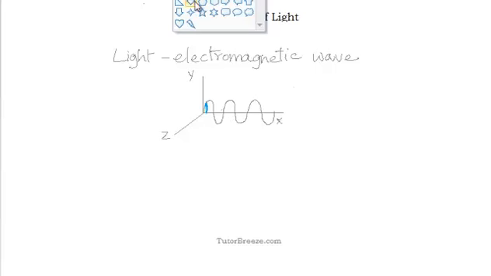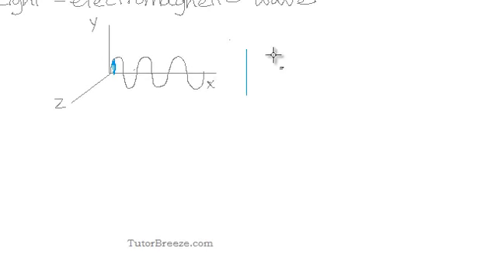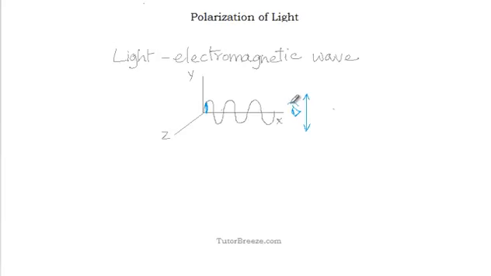Now we will say that this wave is polarized or linearly polarized in the y direction, because the electric field for this wave only varies in this direction. So if you look head on from this side, all you would see is a single line.